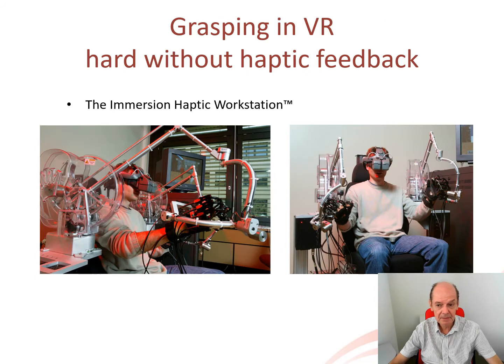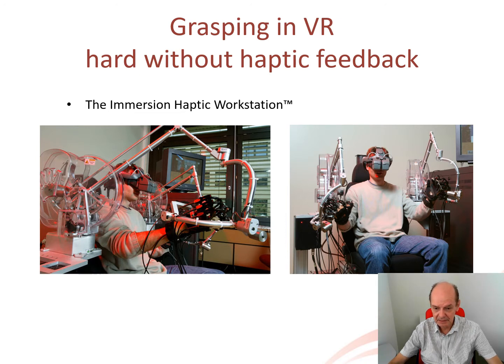Now, if we talk about tactile, we should also speak about haptic. Haptic means that we can feel forces. This is extremely important because in virtual reality, we very often have objects, and we can in fact penetrate the object. Objects are supposed to be solid, but in virtual reality, they are never solid.